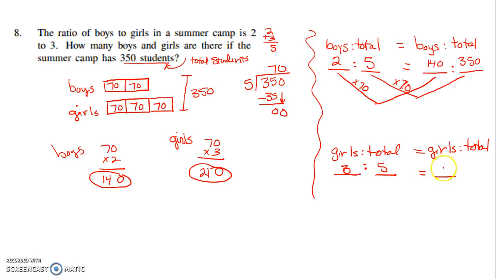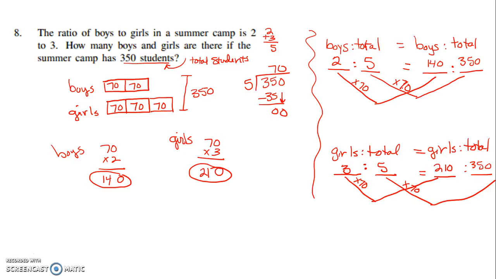On this side, we don't know how many girls compared to a total of 350. So again, you would say 5 times 70 is 350, which means you'd have to do 3 times 70. 3 times 70 must be 210 girls.